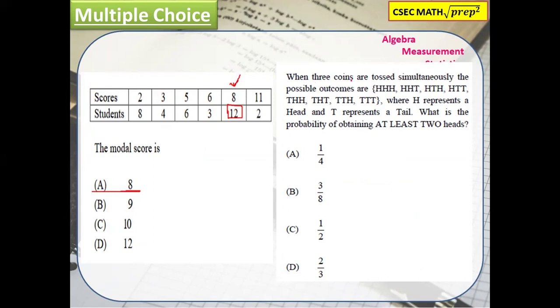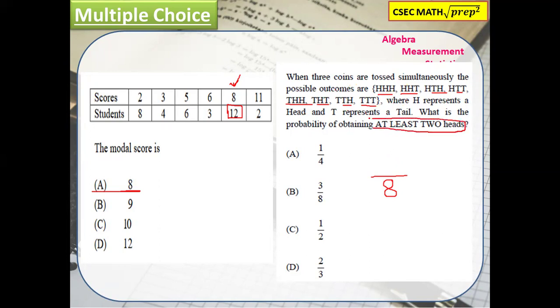Next, when 3 coins are tossed simultaneously, the possible outcomes are 1, 2, 3, 4, 5, 6, 7, 8 scenarios. So there are 8 scenarios, but how many scenarios are there where there are at least 2 heads?